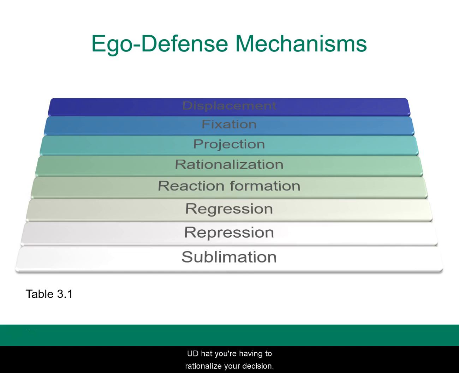You're having to rationalize your decision there. Repression: if something is really, really bothering you, then you just put it out of your consciousness. Okay, so these are the ego defense mechanisms that Freud would say people are always looking for.